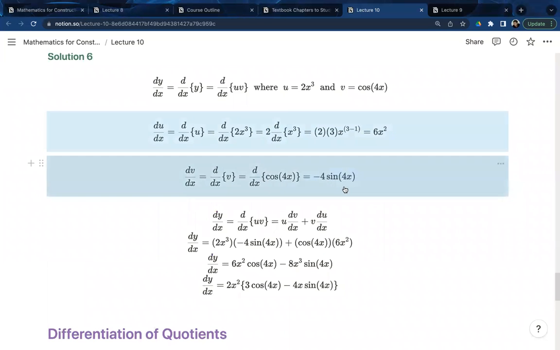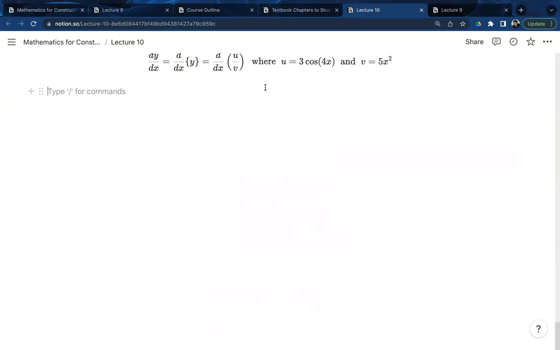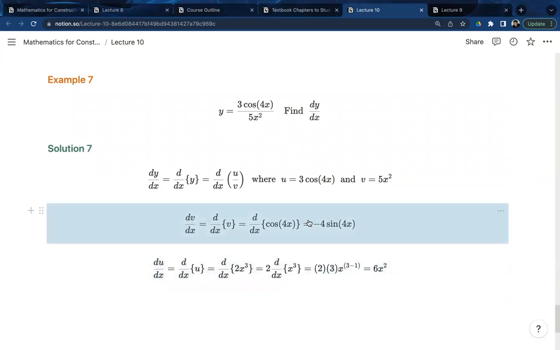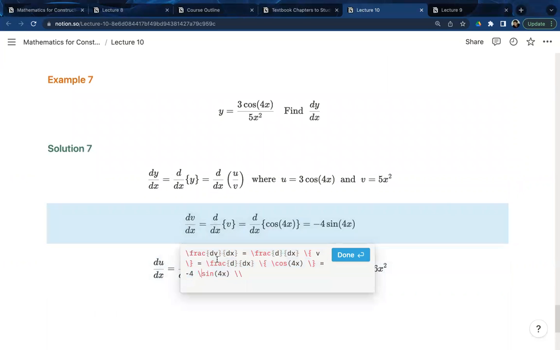I'll do some work here. So let's see how far I can get with it. du dx is the derivative of u with respect to x, which is the derivative of 3 cosine 4x with respect to x.